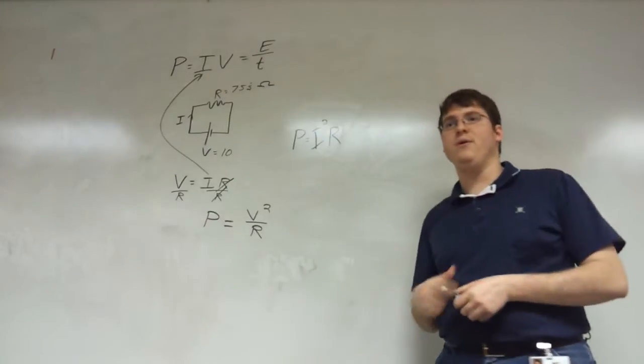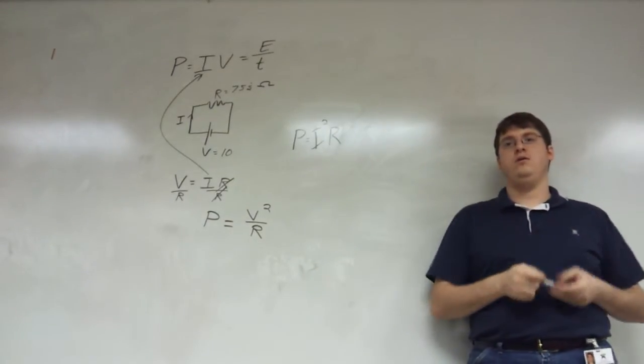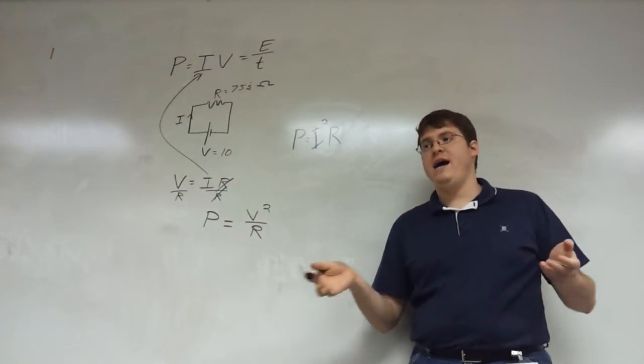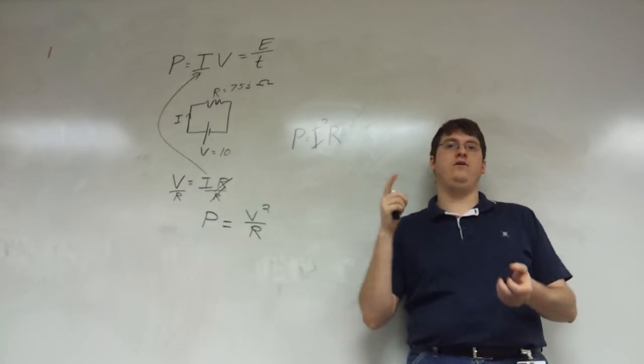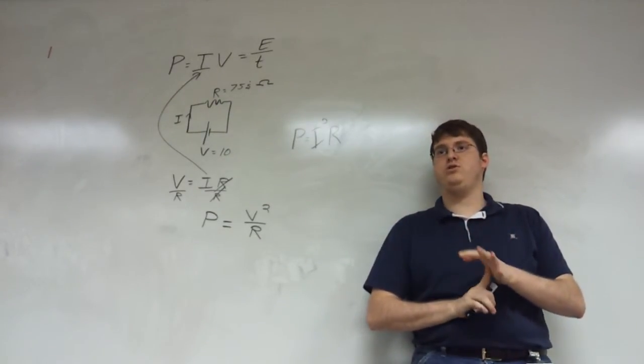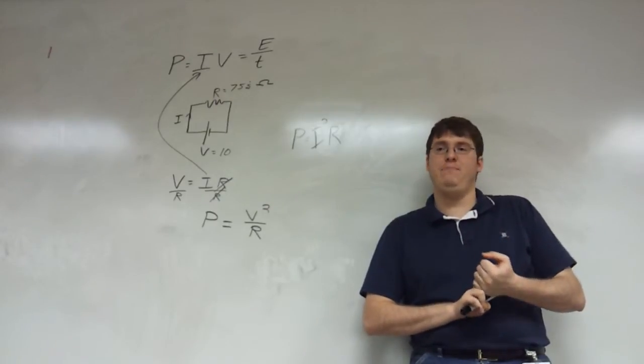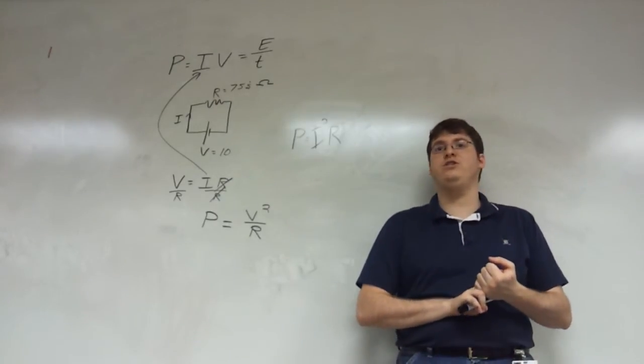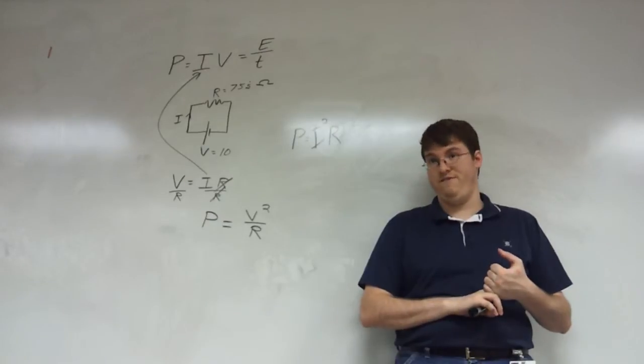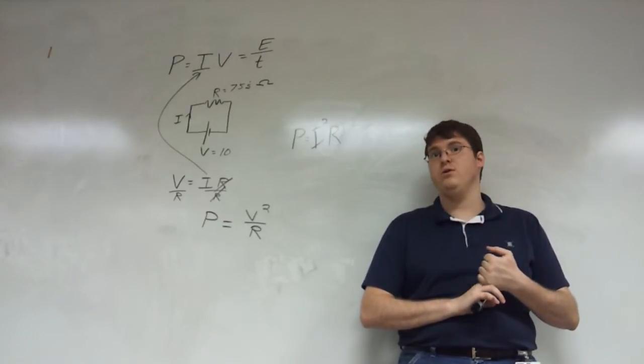Anybody have any questions about power? Okay, so if I gave you the voltage and resistance of a light bulb, and I asked you how much energy that light bulb used in 5 minutes, what would you do?